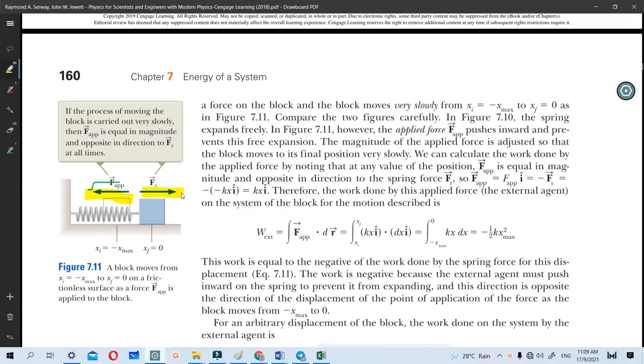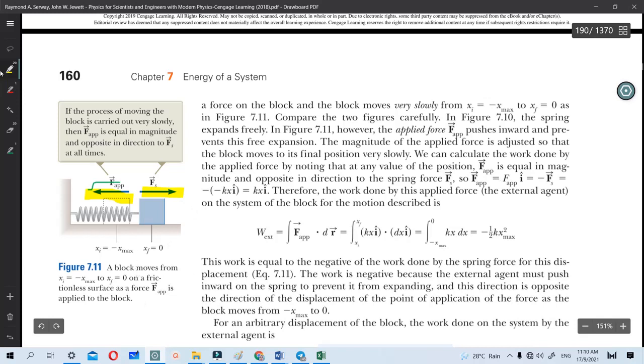So we push to the left, we apply it, but the spring force wants to go to the equilibrium. So that's the reason why the spring force is directed to the right. If the figure is reversed, the situation will also reverse. Okay, let's say the object is now being stretched. Then we will see the spring force is negative and the applied force is positive. Okay, by using this figure.